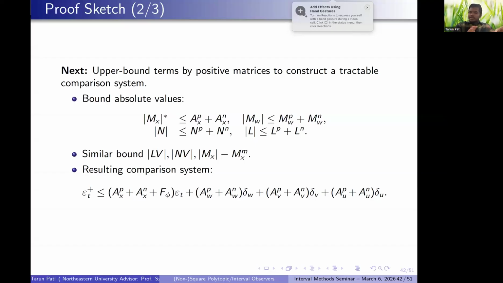Basically, the only caveat is that we need to increase the number of terms to twice the number of terms from before. So for each absolute value term, we need to introduce two copies of additional terms to remove the absolute values.